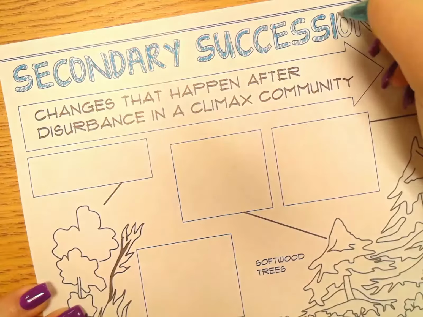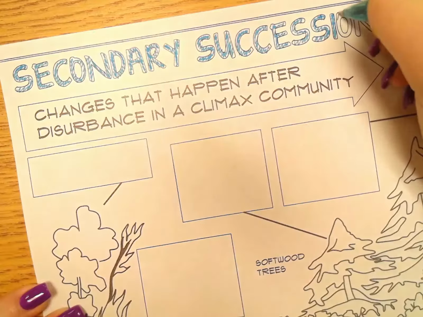We're going to shade in our arrow here because this is that key idea that secondary succession happens after a disturbance in a climax community, and those disturbances can be a variety of different things. We're going to switch to our orange to talk about what some of those might be.